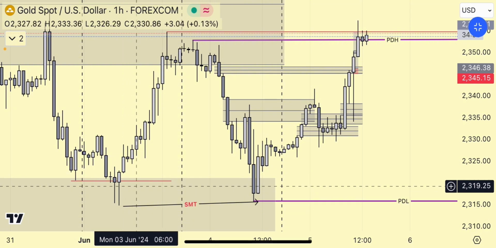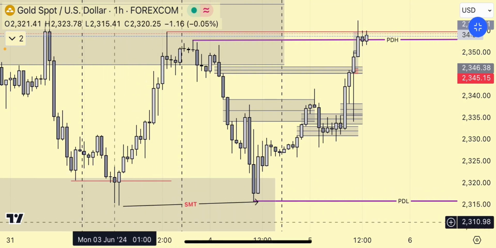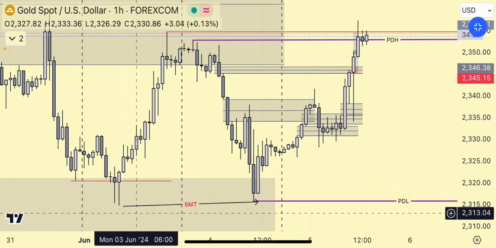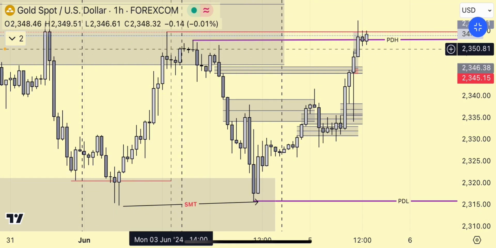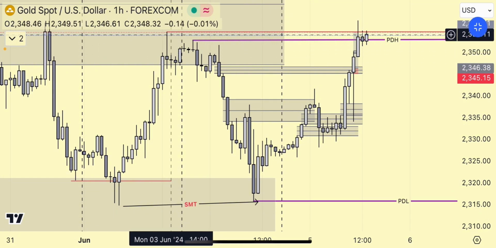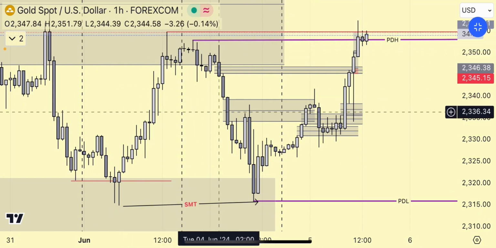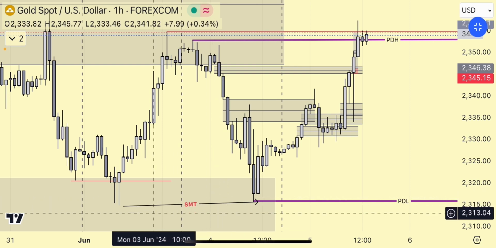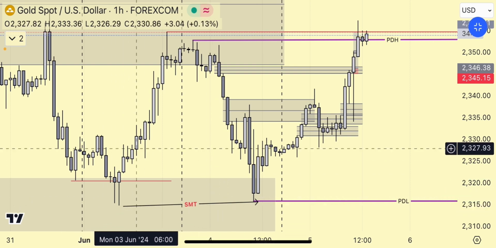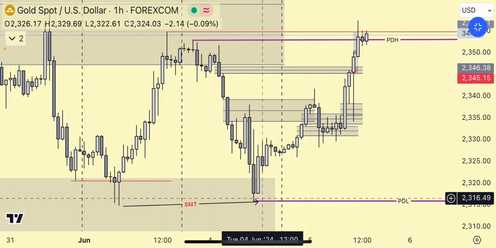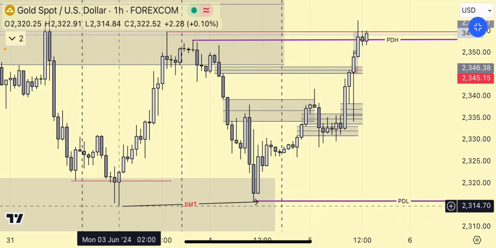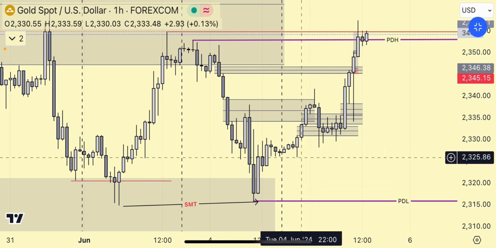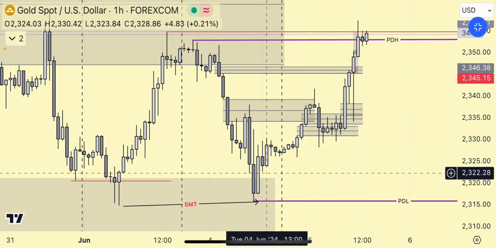So right here, this was on the 4th of June, and we see the 3rd of June, and we see that price went up to create these highs. On the 4th of June this low was still intact and this high was still intact, because we were thinking that we are going to purge this low before going to the upside, but that did not happen.